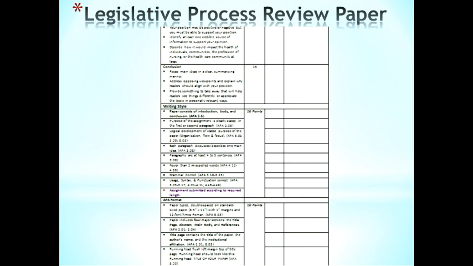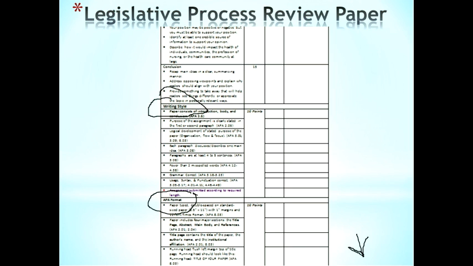Now, the rest of the paper, I know you can't see it as well here, but certainly go back and look at this on your syllabus. This is the area for writing style, and down here we have the area for APA format. Again, this continues down onto yet another page.